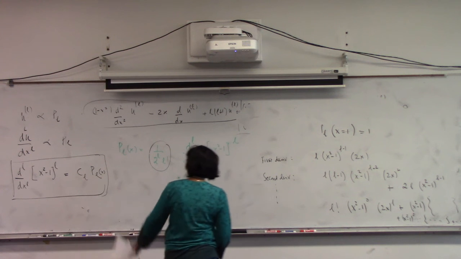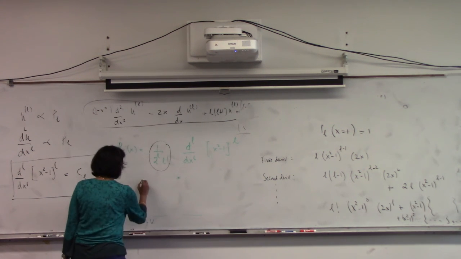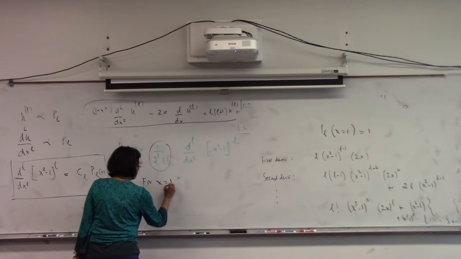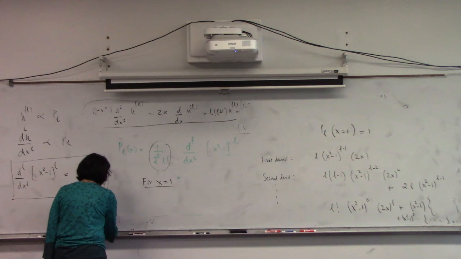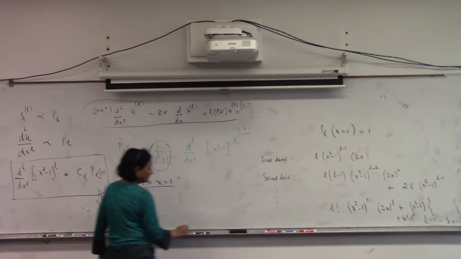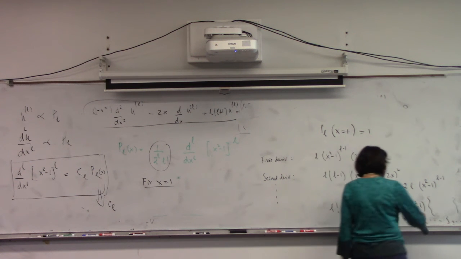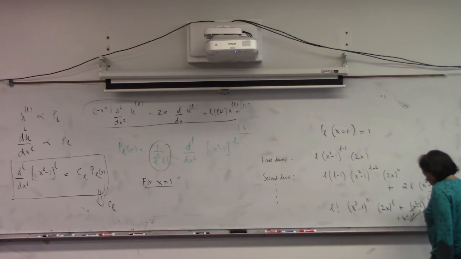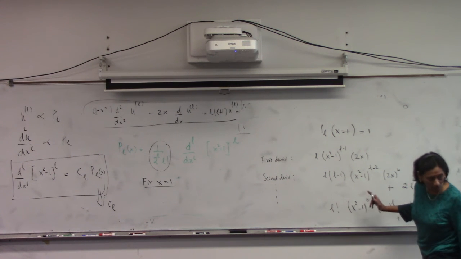So when I try to evaluate that for x equal to 1, what happens is this side is Cn, right? What happens to the left-hand side? All other terms will be 0 because they have this x squared minus 1, except this, because this is to the power 0, which is 1.